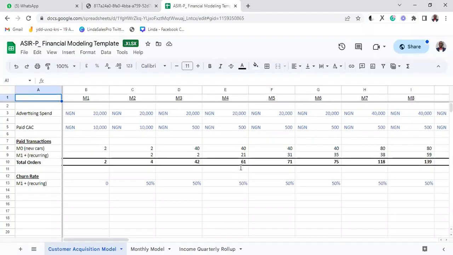So one thing I also want to emphasize is that you practically don't need to have a degree in finance or mathematics for you to dive into this. All you need to do is to understand your numbers. And business is about numbers. If you don't understand your numbers, you don't have any business.